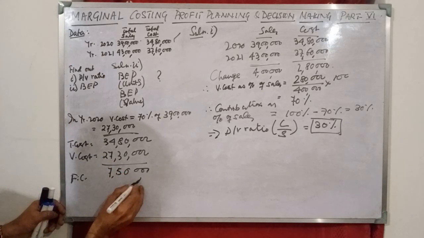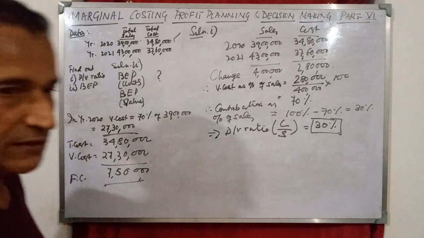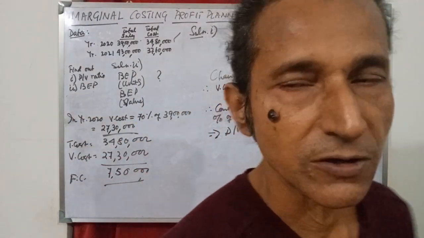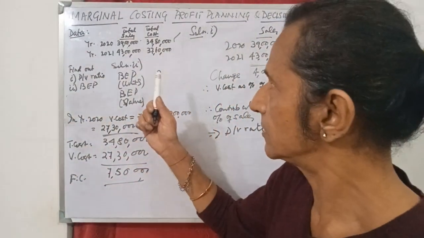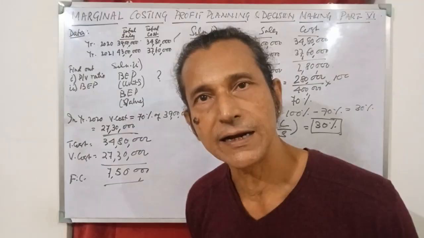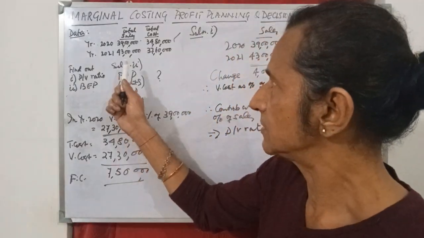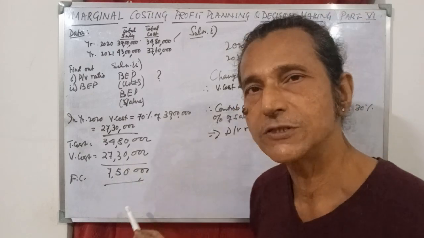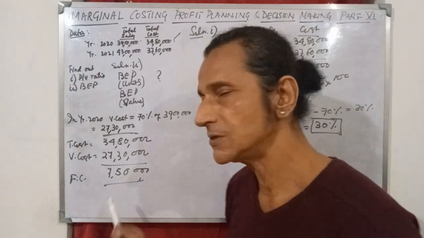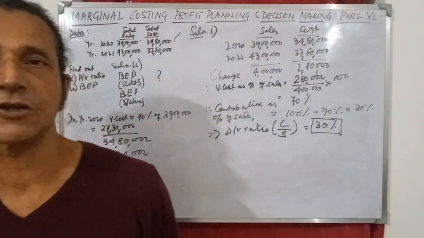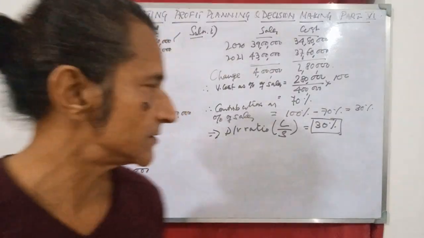That is 750,000. 750,000 is the fixed cost in year 2020, and certainly in year 2021 the amount of fixed cost will remain 750,000 because it is assumed that fixed cost remains unchanged.